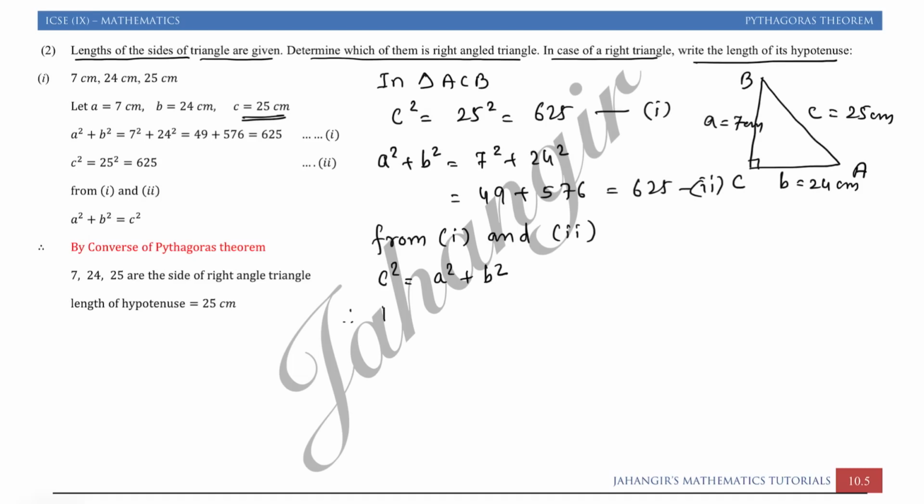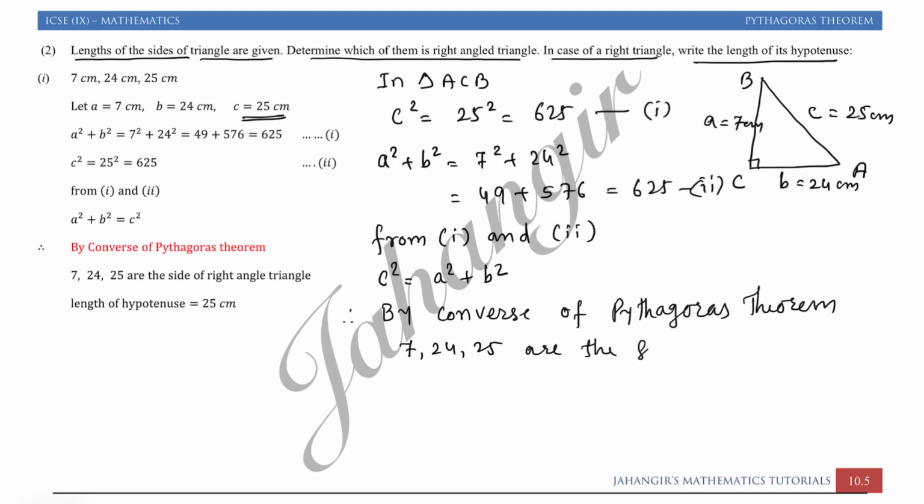So therefore I can write by converse of Pythagoras theorem, we can say the triangle is a right angle triangle. 7, 24, 25 are the sides of a right angled triangle.